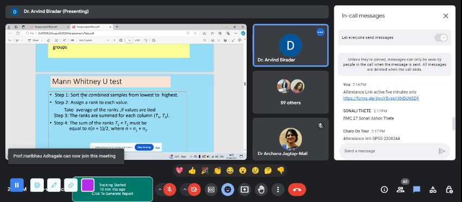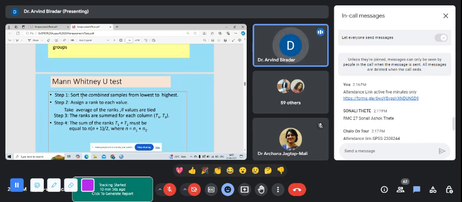The first step is sorting, in ascending or descending order, lowest to highest or highest to lowest. There is no restriction on the sorting. Then assign the rank to each value. I hope you know how to assign ranks to the variables.